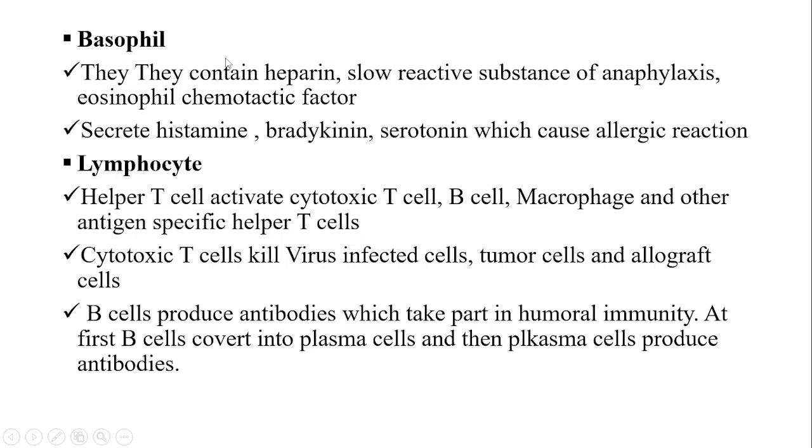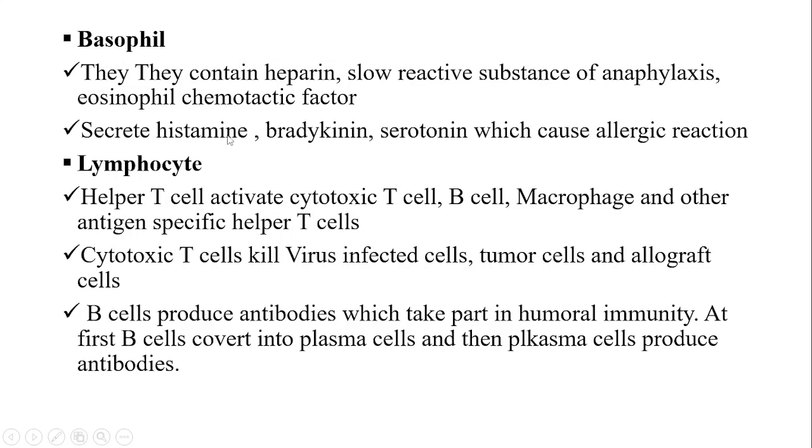So the functions of these two cells are just opposite, and basophil doesn't only cause allergy, but also attracts the eosinophil towards the source of allergy, so that eosinophil can come and remove these allergic agents or subside the allergy by releasing eosinophil chemotactic factors.